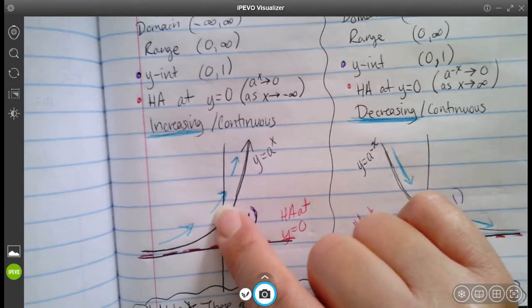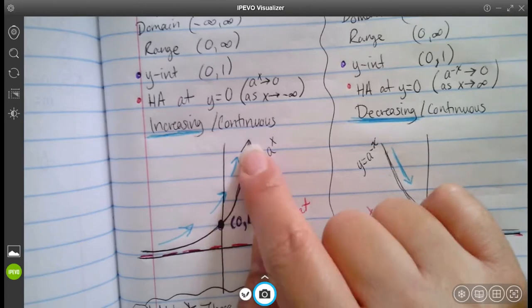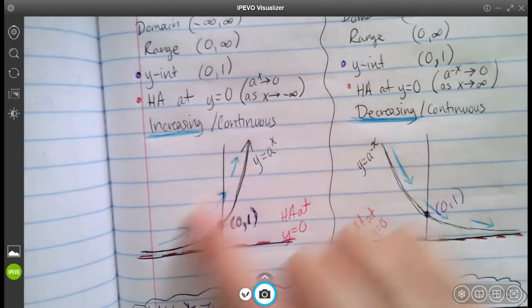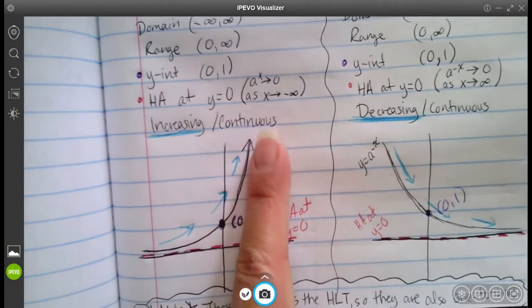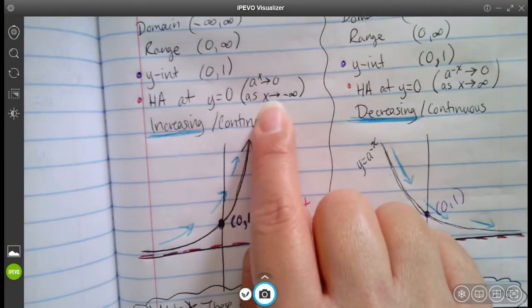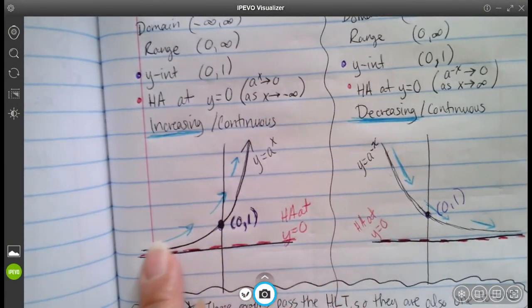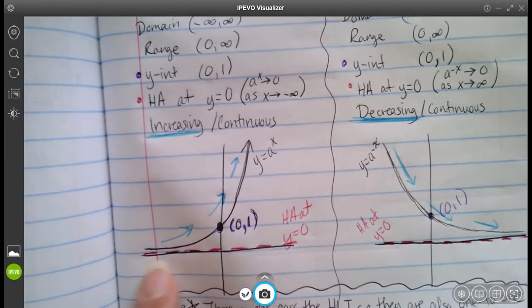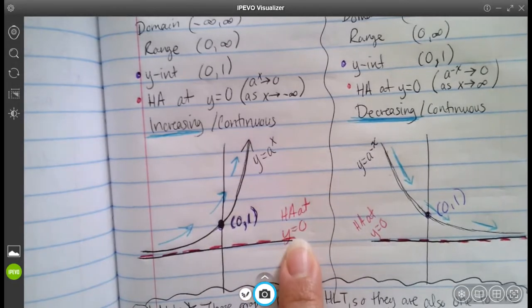Okay, we don't really see that terminology in this textbook, but in your Algebra 2 classes, you might have seen this as exponential growth. Here we just say the graph is increasing, okay, because it's going up from left to right. So you can see again as we're going to the left side, negative infinity, the graph gets closer and closer to 0, which is why we have our horizontal asymptote at y equals 0.